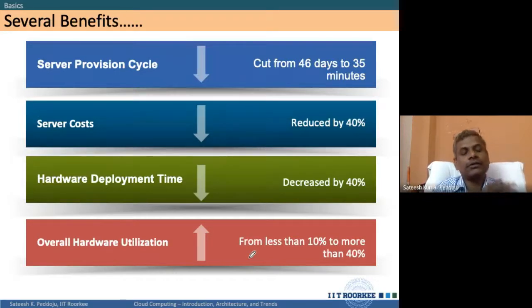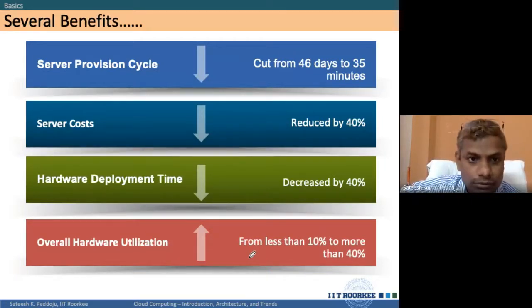And in the quickest manner, it takes at least 45 days to do it. But with virtualization and cloud computing, it takes hardly 35 minutes to deploy a server. That's a great advantage. Cost reduced, time reduced, utilization substantially increased. This is a great advantage of cloud computing.